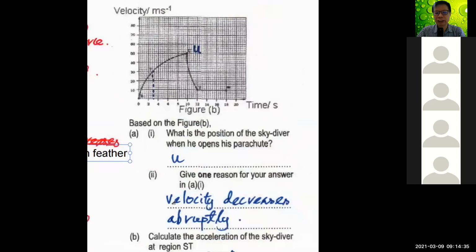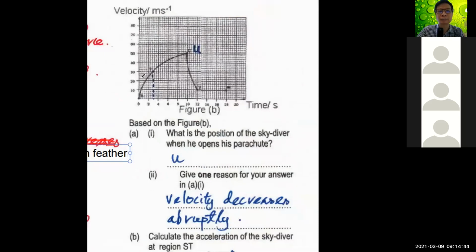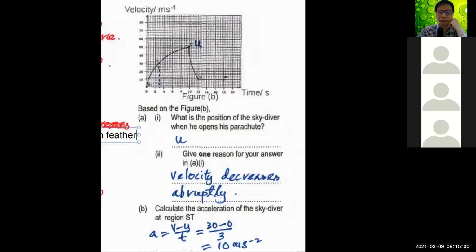Calculate the acceleration of the skydiver. How to find the acceleration of the skydiver? ST, from here to here only. S to T. So how to find the acceleration? We can only estimate because this is not a straight line. So we use this formula: final velocity minus initial velocity over the time. The final velocity is over here, S to T, so it's 30.